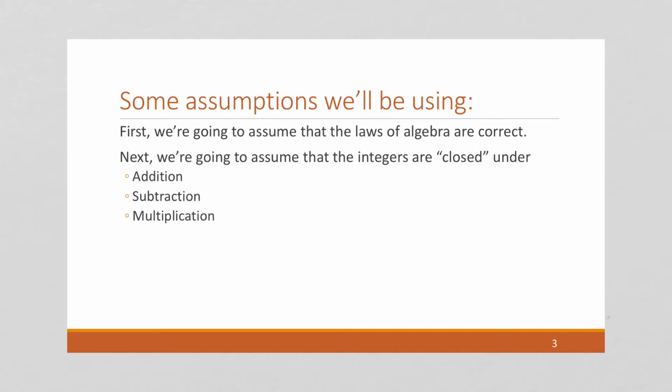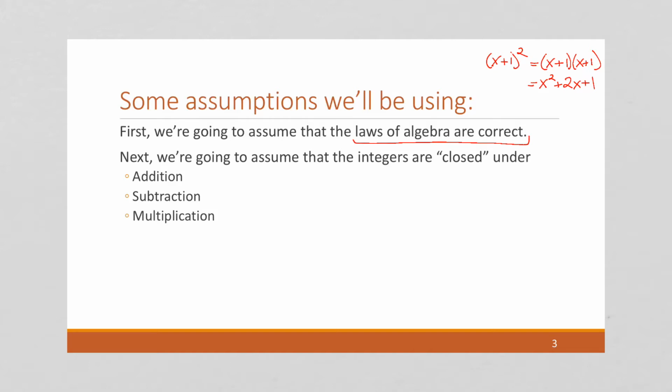So we're going to start with some assumptions. First of all, and it may seem kind of silly to say, but we're going to assume that the laws of algebra are correct. What that means is that if you say, for example, that (x + 1) squared equals x squared plus 2x plus 1, you don't need to justify that.